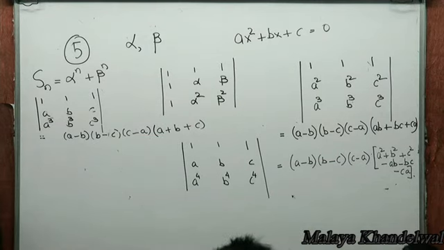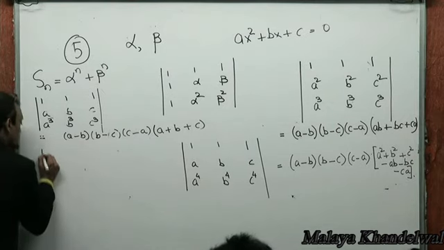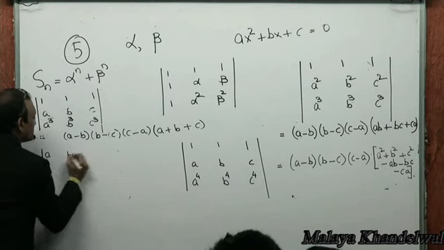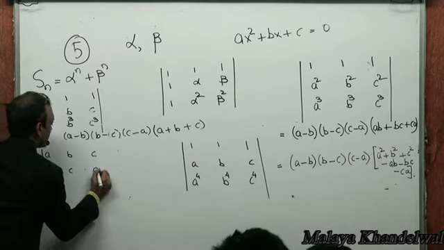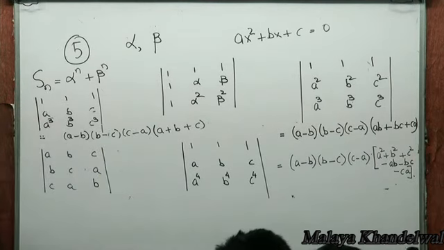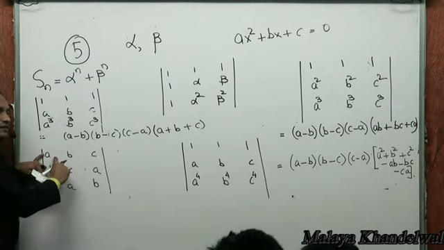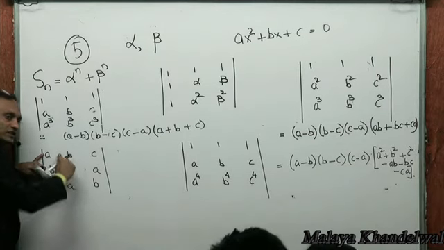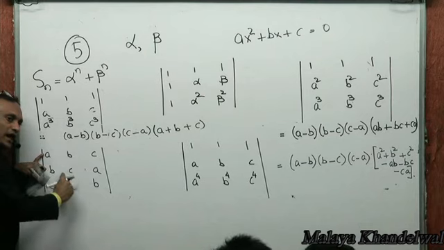Are you all familiar with the cyclic determinant? A cyclic determinant is one like this: ABC, BCA, CAB. Again, this is a standard determinant you can obtain by adding R1 plus R2 plus R3 to R1, right? To R1 add R2 and R3.